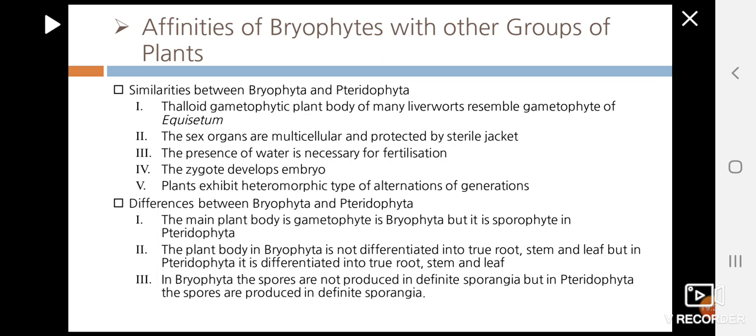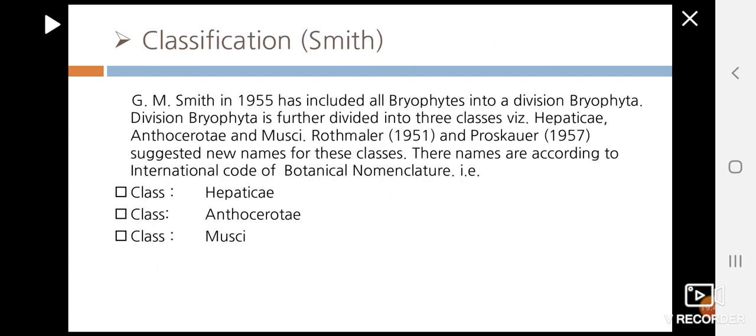In Bryophyta, the spores are not produced in definite sporangia, but in case of Pteridophyta, spores are produced in definite sporangia. Now we'll discuss the classification specifically given by Smith in 1955.